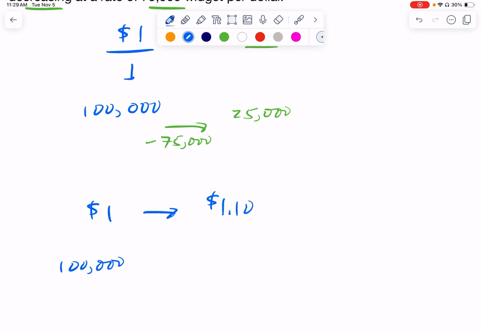So if we only change it by 10 cents, it would go down by 7,500. So maybe what it actually means is if they were to change the price from $1 to $1.10, then now the number of people who want to buy it is not 100,000, it's 92,500.